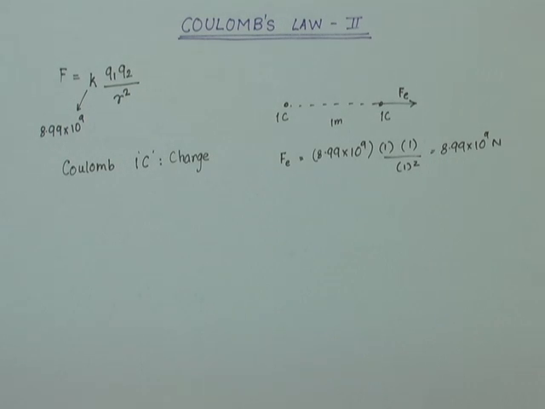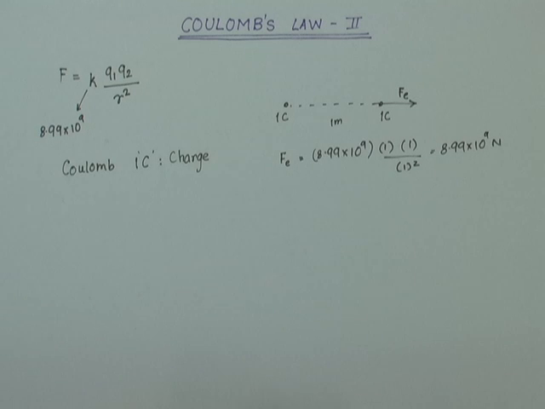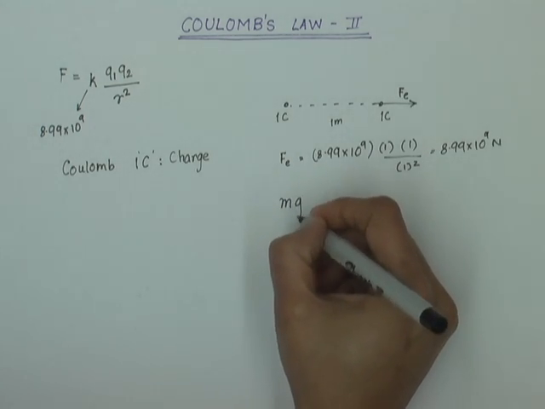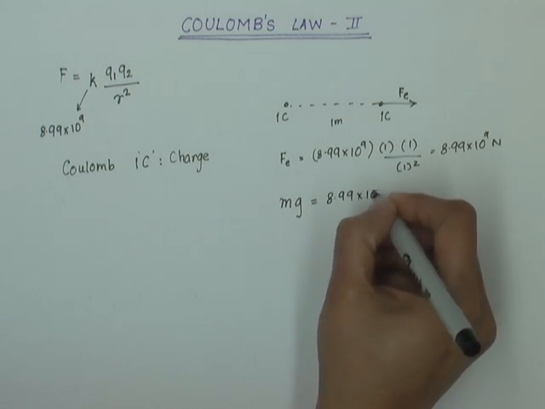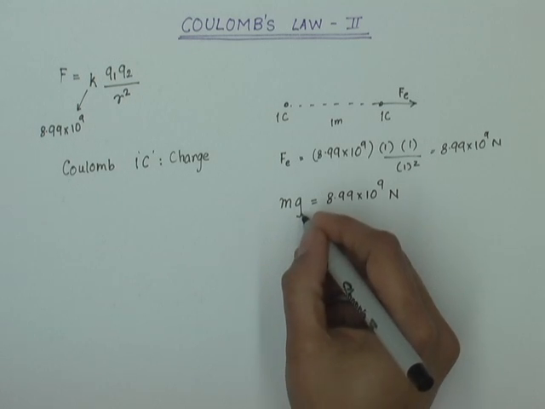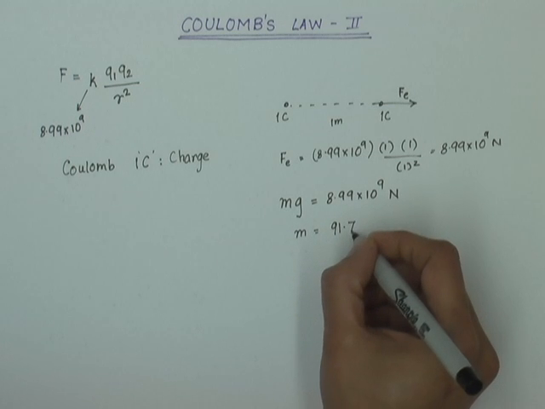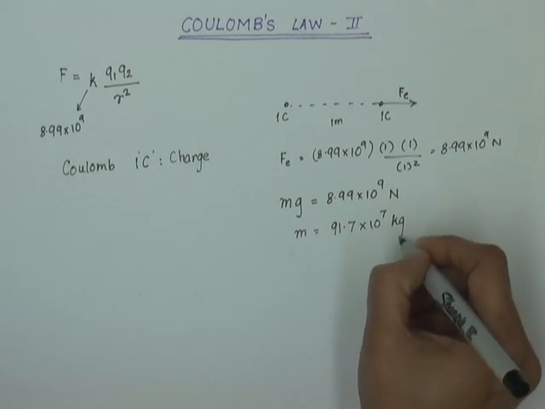Now to get a qualitative understanding of how big Fe is, let me find out what mass has a weight equal to 8.99 × 10^9 Newton. If I solve that for g as 9.8, I get m as 91.7 × 10^7 kilograms, and that's huge.